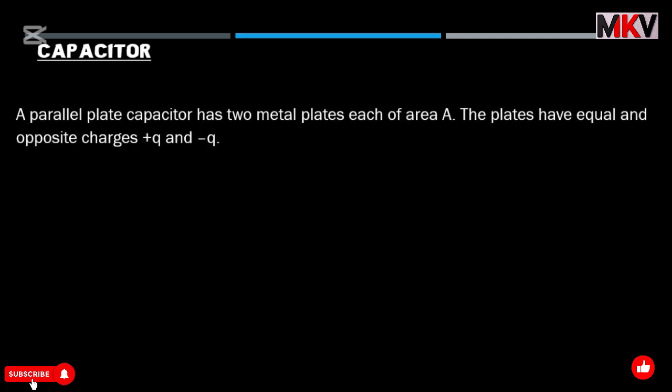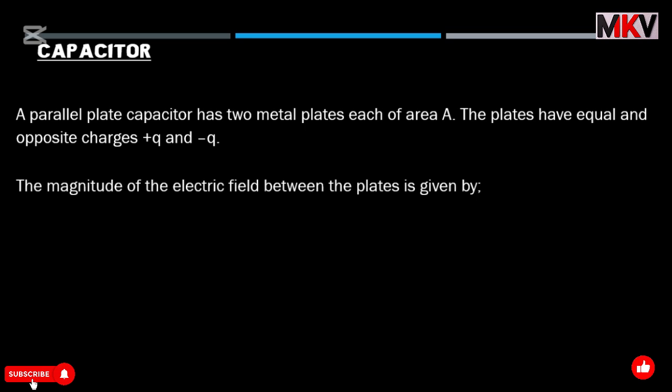Now, a capacitor, taking into consideration a parallel plate capacitor, has two metal plates, each of area A, and the plates have equal and opposite charges, meaning the charges on the plates are the same but opposite.